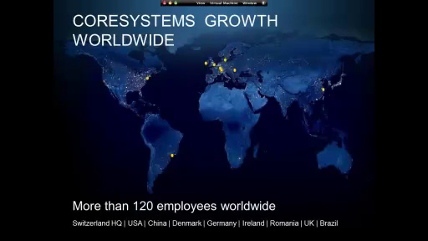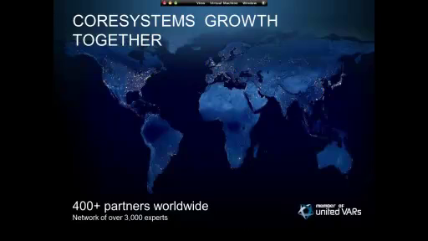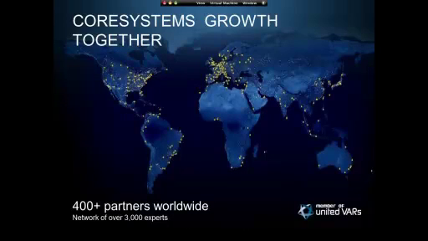So we're represented worldwide. We have a network of 400 partners worldwide, so experts of 3,000 people who are expertise people in CORESUITE. This is important for you to know. So Coastal Range is also one of our highly certified partners.